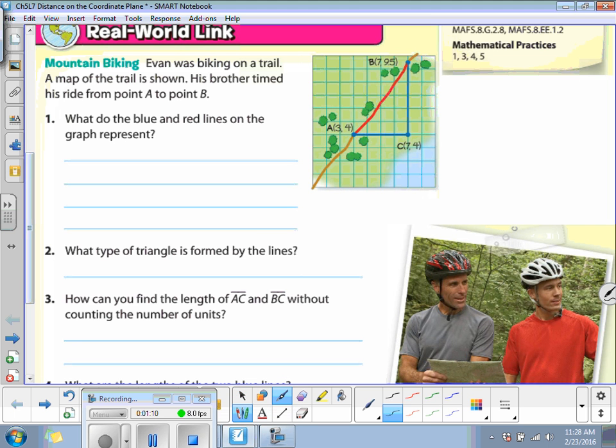Very good. So the blue lines represent the legs of the right triangle. Okay? And the red line, what does that represent? Very good. The red line represents the hypotenuse.